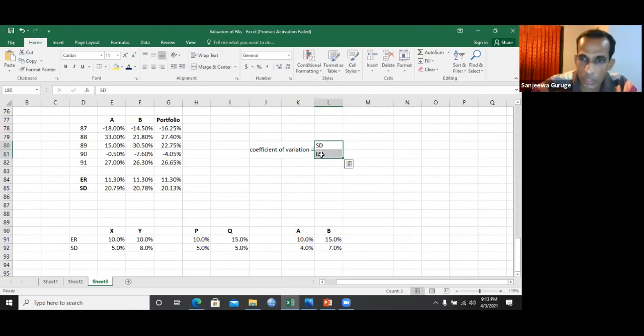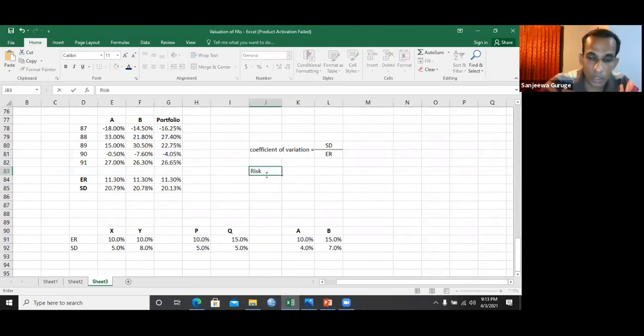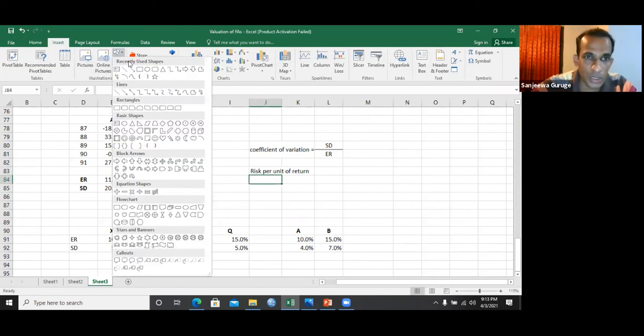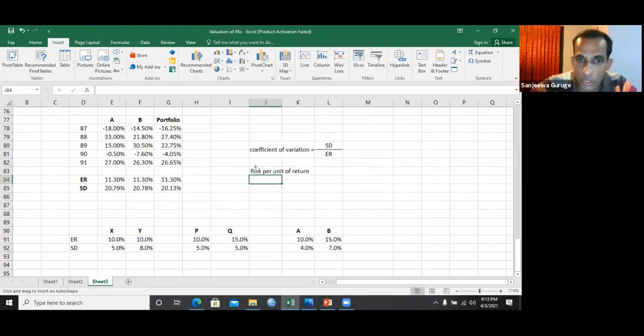It measures the risk per unit of return. So the coefficient of variation measures the risk per unit of return.